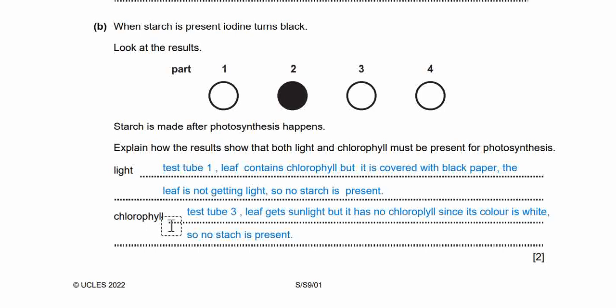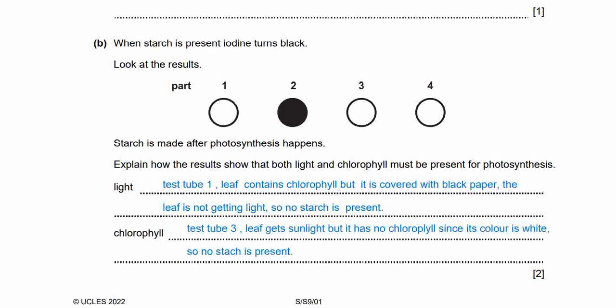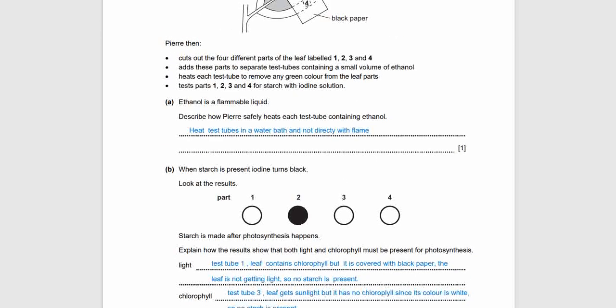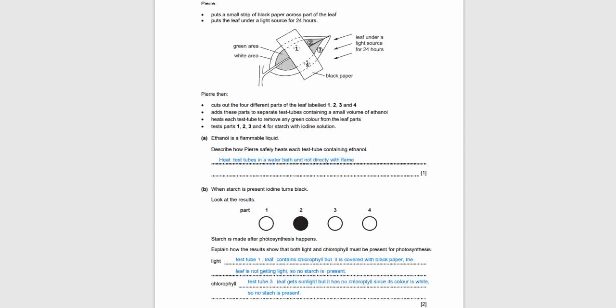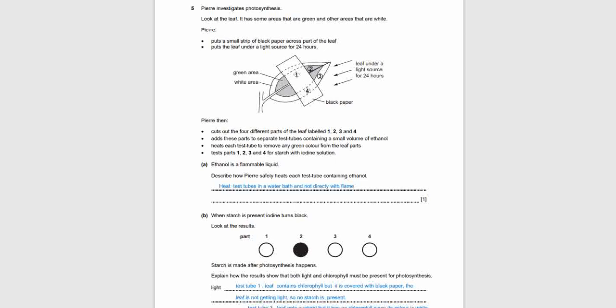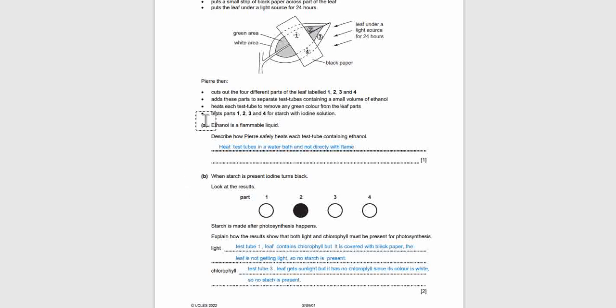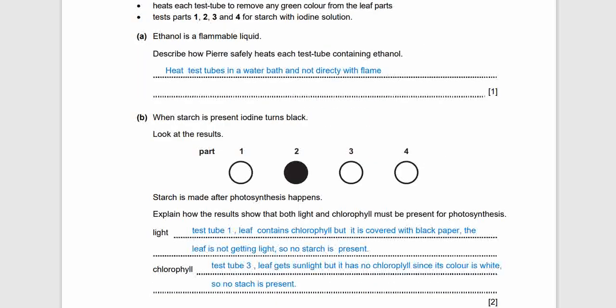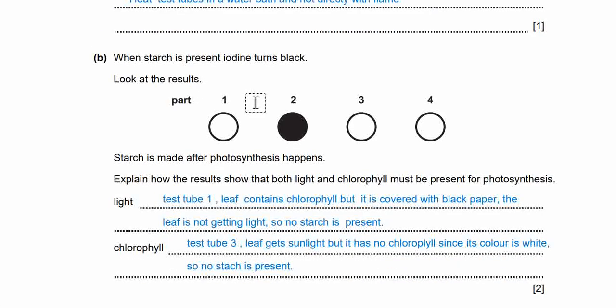For chlorophyll: test tube 3, the leaf gets sunlight, but it has no chlorophyll since its color is white, so no starch is present. Let me zoom in. So this is our answer.